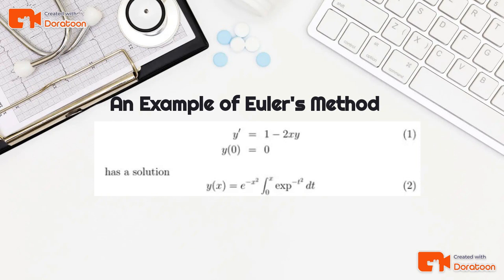The initial value problem described by y' = 1 - 2xy, y(0) = 0 has a solution y(x) = e^(-x^2) integral from 0 to x of e^(t^2) dt, which is known as the Dawson integral. Here we solve equation 1 numerically and see how the values compare with the analytic solution.